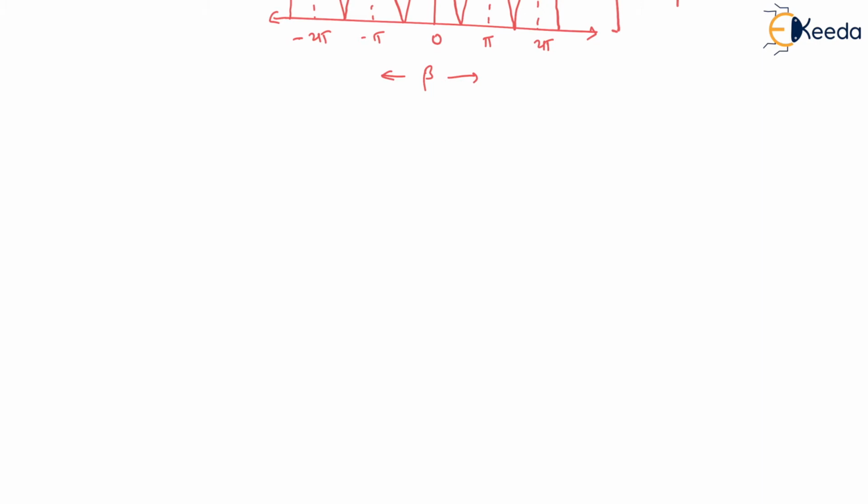First of all, we'll draw one horizontal axis like this, suppose. This horizontal line will represent the value of theta. Theta is the angle subtended by the waves with the normal.